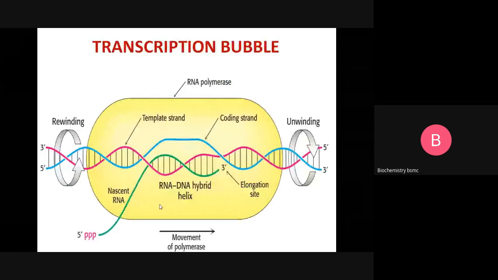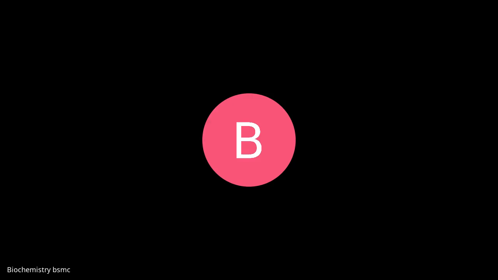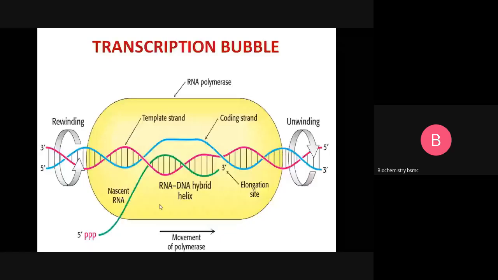In the middle we have the RNA-DNA hybrid helix, where the newly formed RNA is shown in green, the template strand in pink, and the coding strand in blue. You see that there is a portion of the DNA in the middle that does not have the normal Watson-Crick base pairing, but otherwise it has Watson-Crick base pairing. This is known as the transcription bubble.